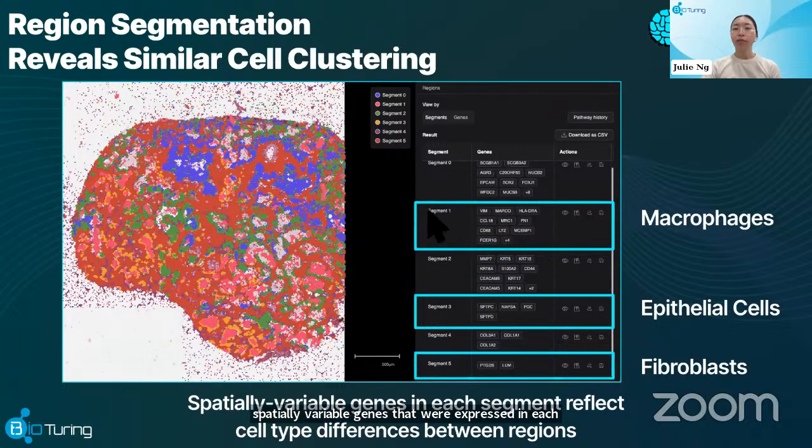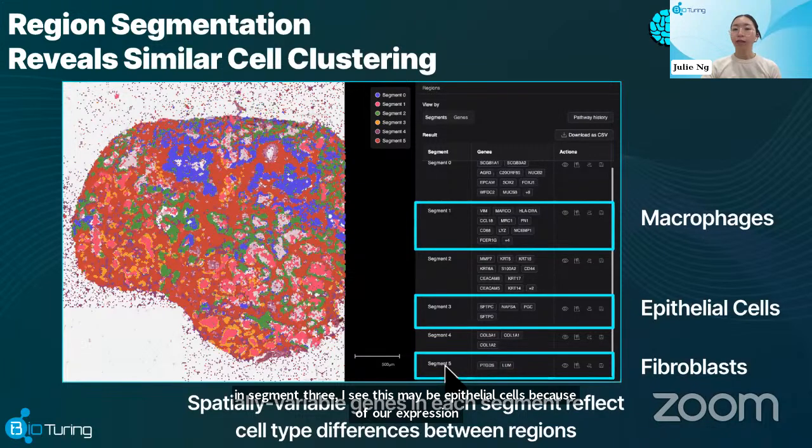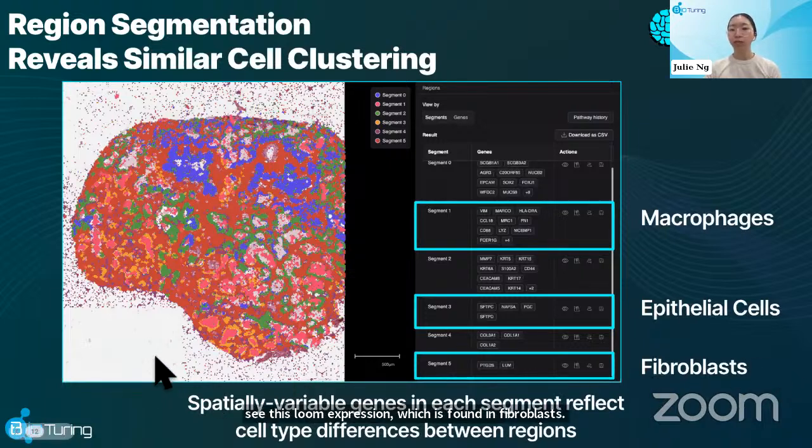So for example, in segment 1, I can annotate this as macrophages because we have expression of genes such as Marco. And in segment 3, I see this may be epithelial cells because of our expression of the gene SFTPC. And then finally in segment 5, I see this LUM expression, which is found in fibroblasts.